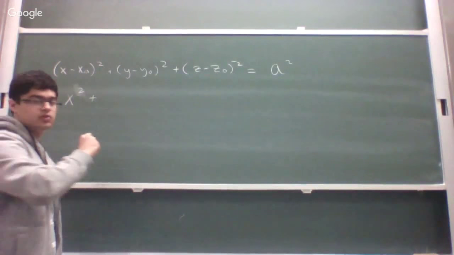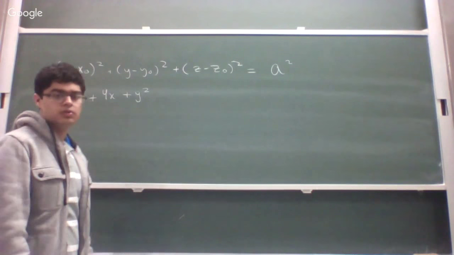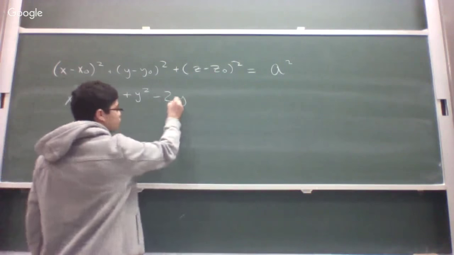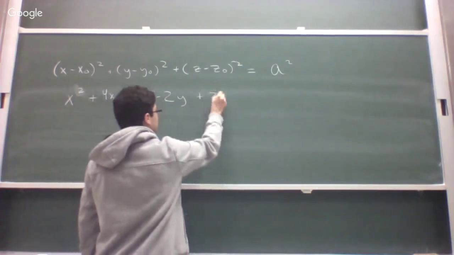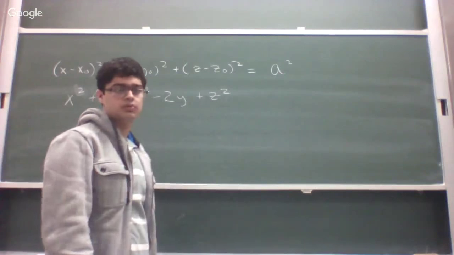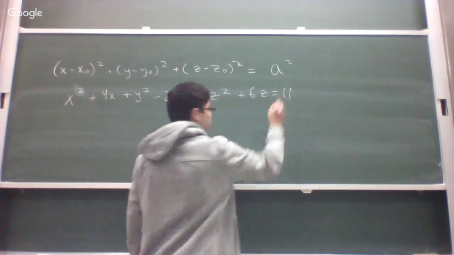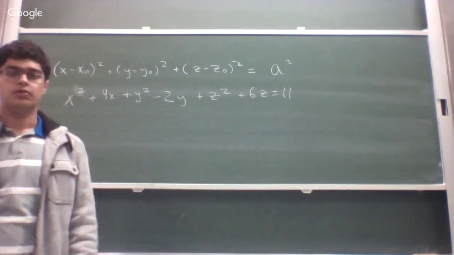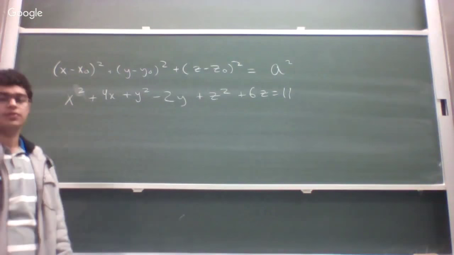Yeah, it's a sphere. Can you guys all see this? Yeah. So objective 2 is to find the center and the radius of the sphere.